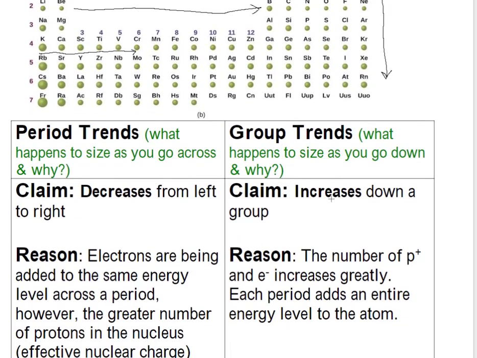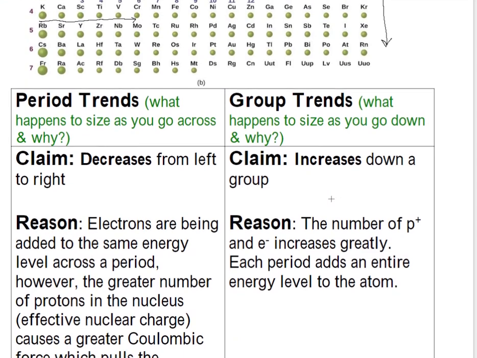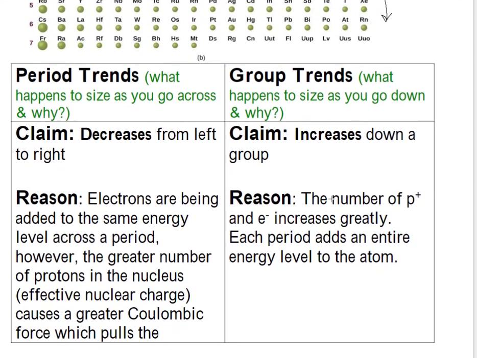Now, the period trend is counterintuitive. It's a little confusing. Why should barium be smaller than cesium when barium has more protons and electrons in it? So if you have more protons and more electrons, why is it smaller than the one to the left of it?